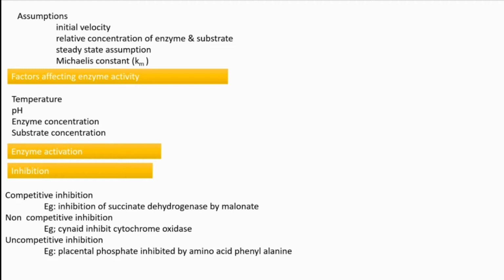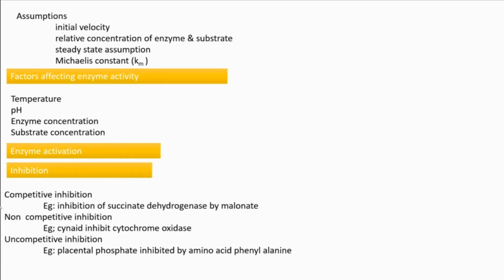First one, competitive inhibition. As the name indicates, the inhibitor acting here has similarity with the substrate. So there is some competition between the substrate and the inhibitor to bind with the enzyme.